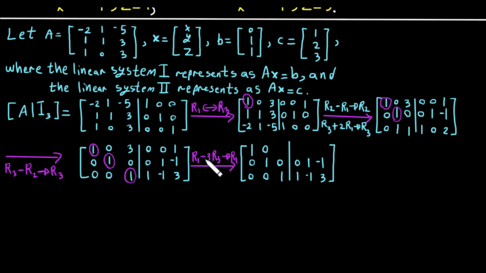Here 3 minus 3 multiplied by 1, which is 3, 3 minus 3, which is 0, so here I have to write 0.